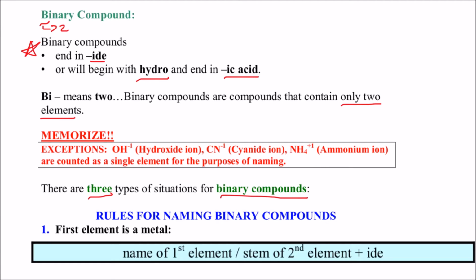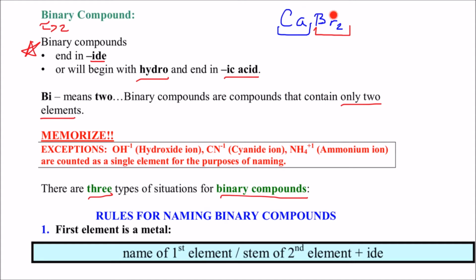OH minus 1 will function as an anion by itself. Normally we have the cation written first and the anion written second. So that would be our cation and this would be our anion. Notice how there's only 2 kinds of elements here.